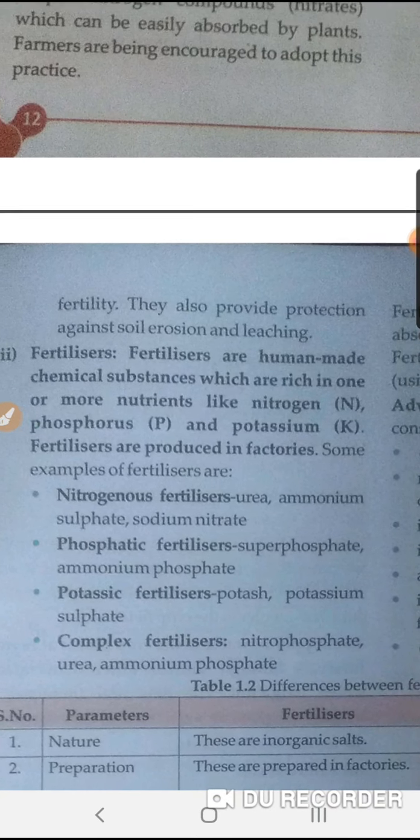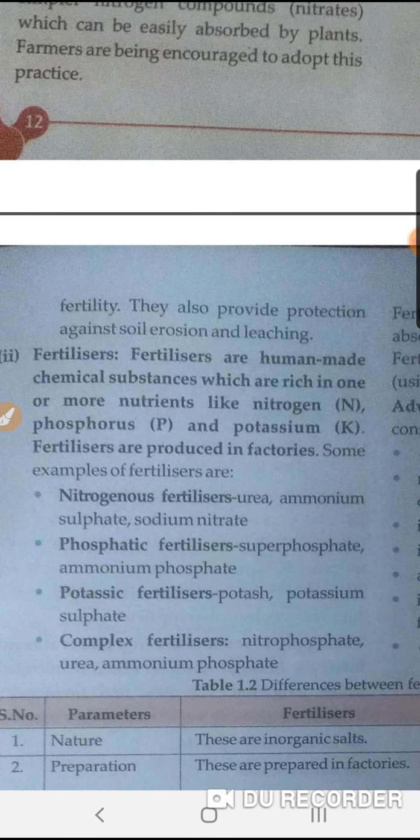Fine. On the other hand, there are fertilizers. What are fertilizers? Fertilizers are human-made chemical substances which are rich in one or more nutrients. The basic difference between manure and fertilizer is that manure is an organic compound.